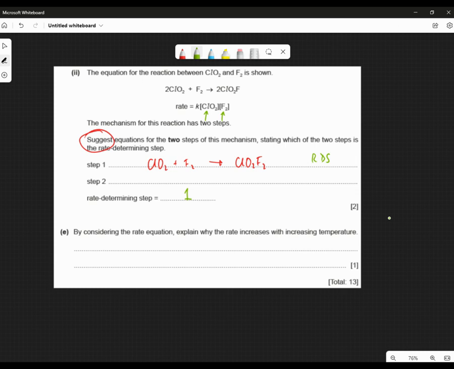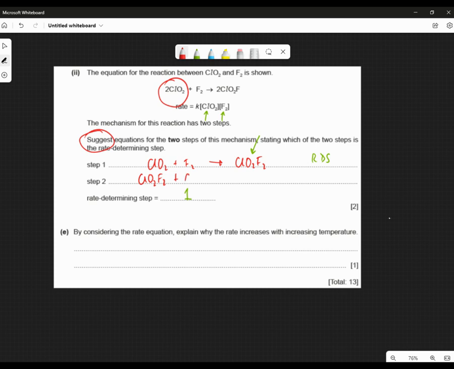Step 2, well, obviously this character here must die somehow. So it's got to cancel out in step 2. Let me draw it first of all in step 2, ClO, F2. Now it's got to react with the other one of these because I've only used one of those up, but two of them are involved in the equation.